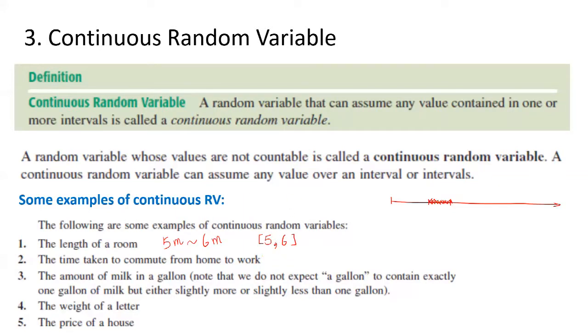The length of a room could be any value within this interval, right? Because space is continuous, so the length of a room is a continuous RV. Continuous RV means 连续型随机变量 in Chinese.